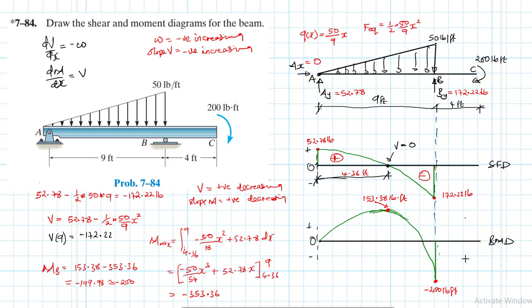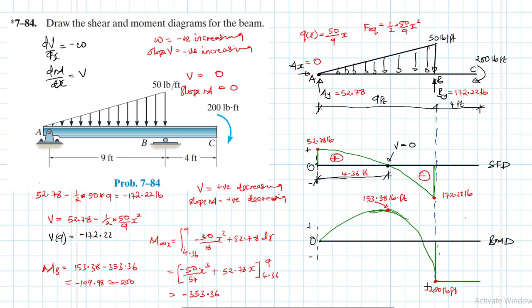All right, and then when you look at this region BC, the shear is 0, therefore you expect the slope for moment to be equal to 0. So for it to be 0, it will just be a straight line, moving from there to B, something like this.